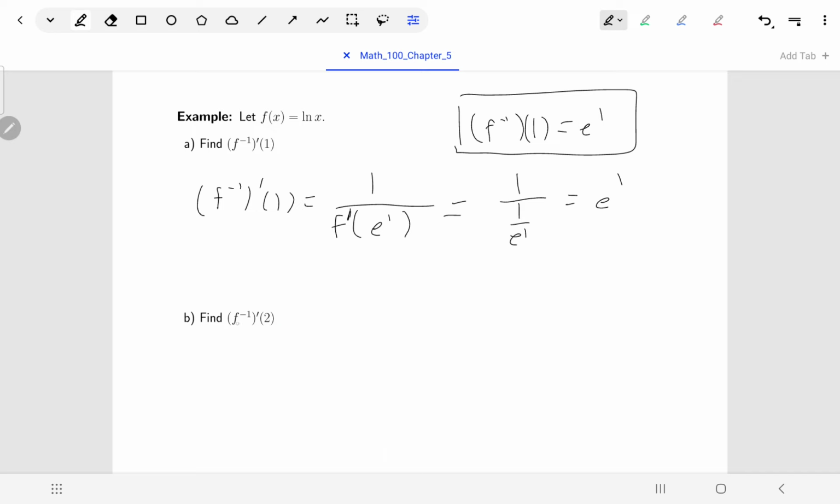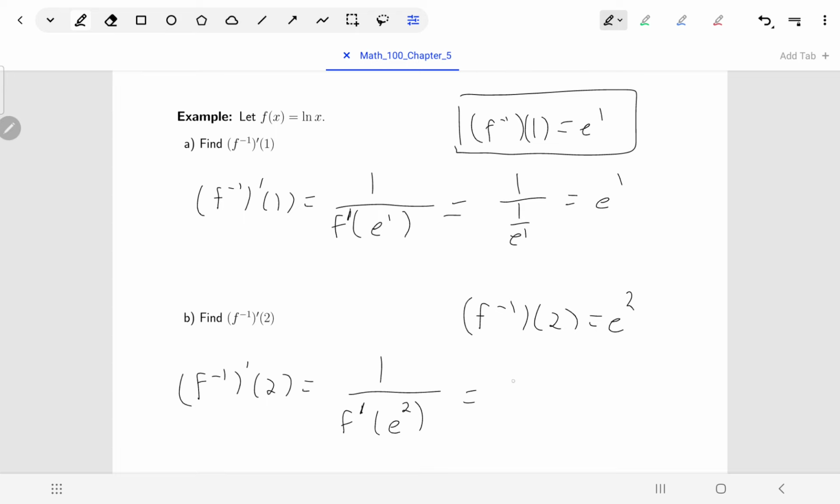For the derivative of f inverse at 2, in the same way as before, f inverse of 2 should be e to the 2, because natural log of e to the 2 is the thing that gives me 2. And if I'm looking for f inverse's derivative at 2, that would be 1 over the derivative of f at f inverse of 2, and f inverse of 2 is e squared.